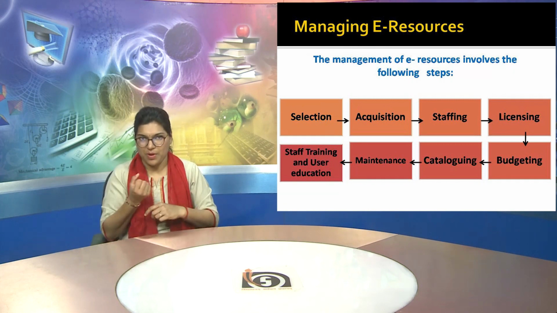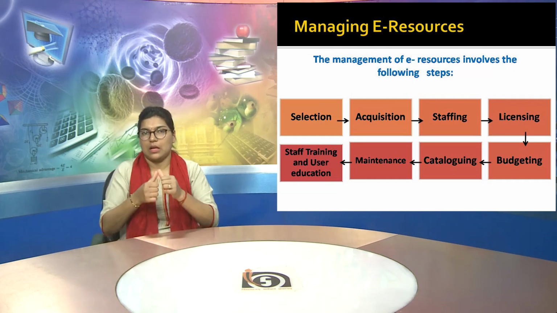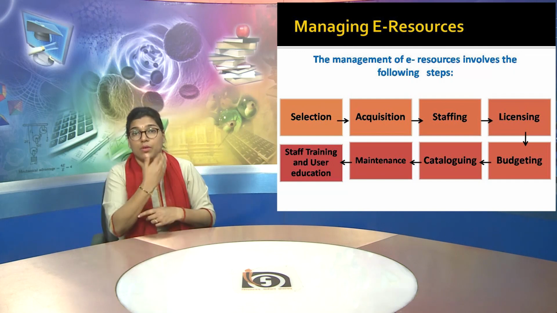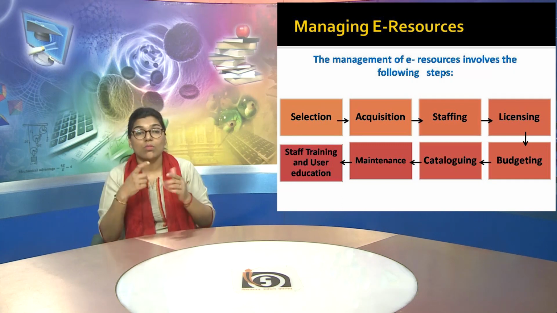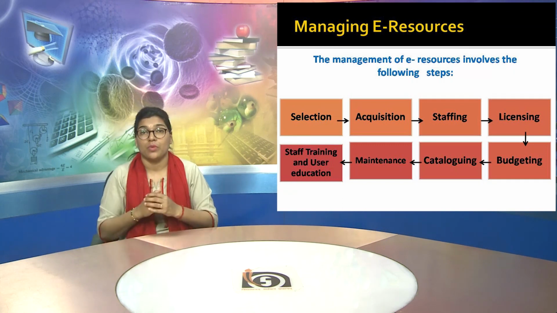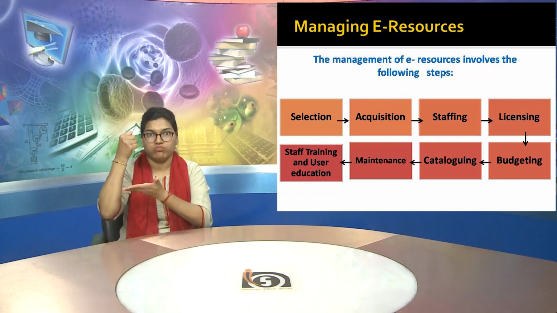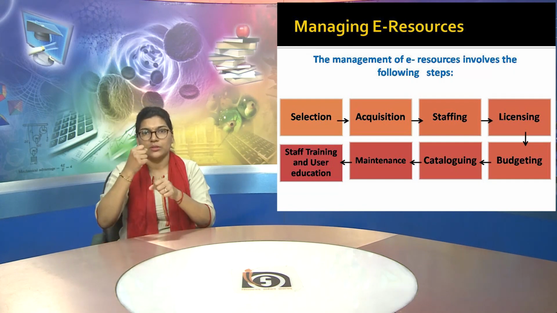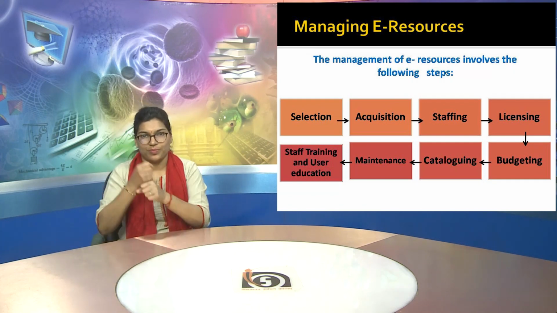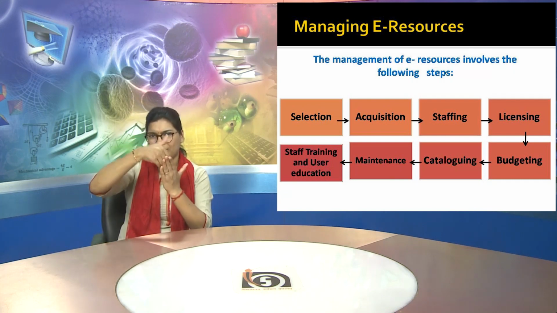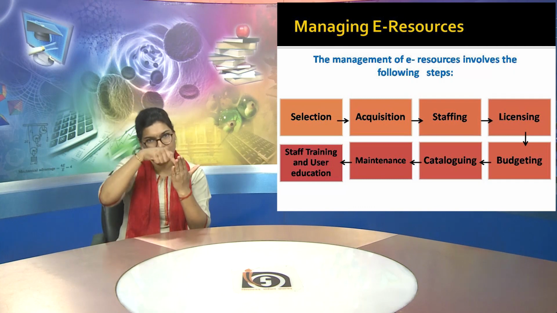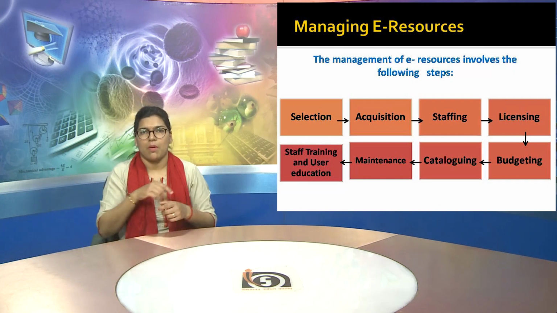After doing the selection, we proceed towards the acquisition part. And when we have acquired that content, that e-resource, after that we go to the staffing. And then after staffing, the next step is licensing. And next to licensing is the step which is budgeting.